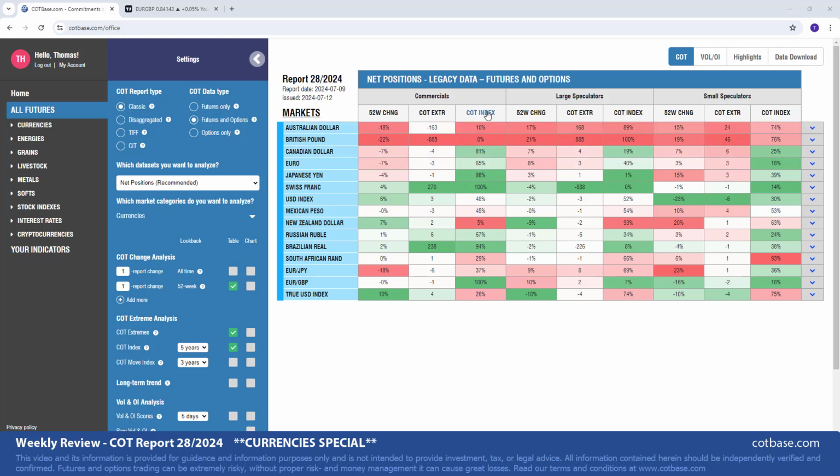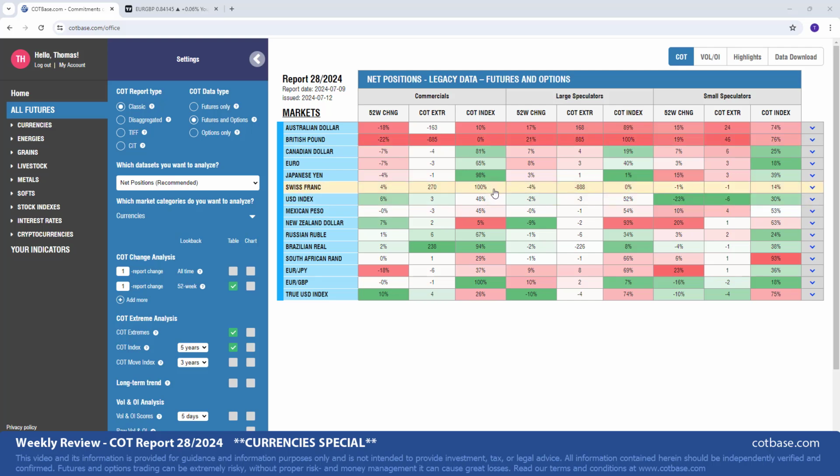And that's where the COT index can come in handy, which moves between 0 and 100%. So that could be very, very useful. You can see here we have British pound at 0% COT index. It's a significant bearish COT extreme.